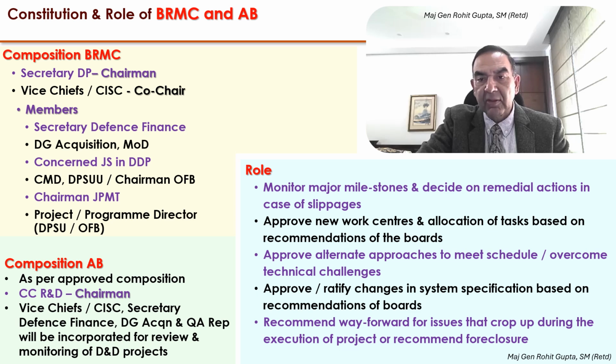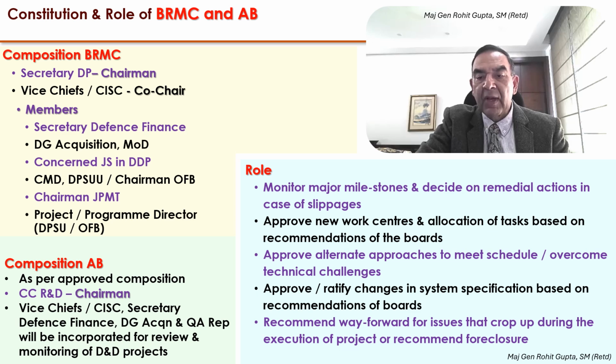The role of both the BRMC and the apex body remains the same, which is basically to monitor major milestones and decide on remedial actions in case of slippages, approve new work centers allocation or tasks based on recommendations of the board, approve alternate approaches to meet the schedule and overcome the technical challenges that may come up, and approve or ratify changes in system specifications based on recommendations of the board in course correction to the complete system specification.